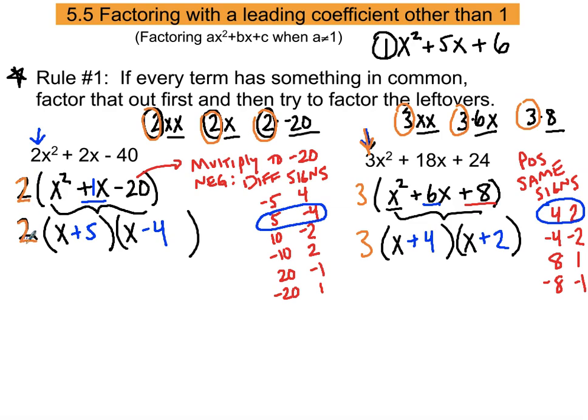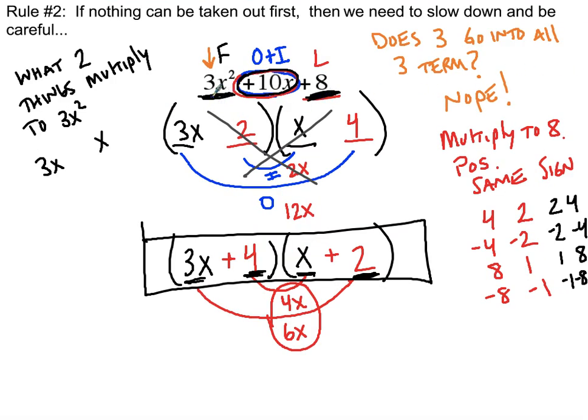That number out in front stays out in front. It doesn't go away. But always check to see if every term has something in common first. Because if it does, it's an easier kind of factoring. If it does not go into all three terms, like here 3 does not go into 10 or 8, then it's the trickier kind of factoring. So take it slow, leave yourself room to try different options.